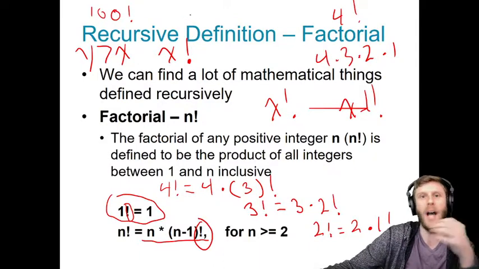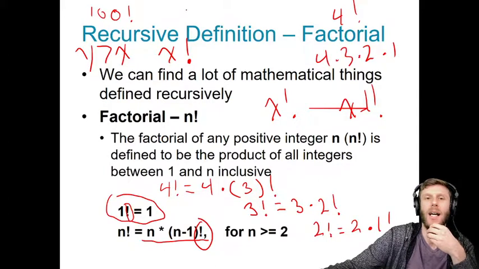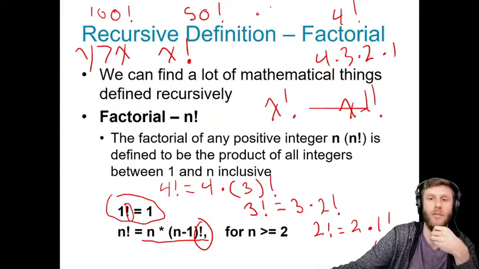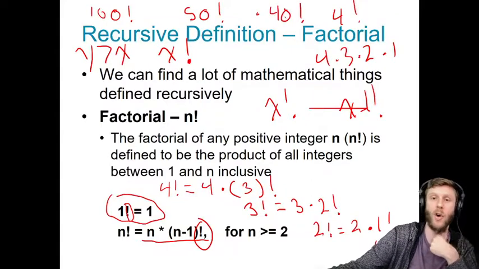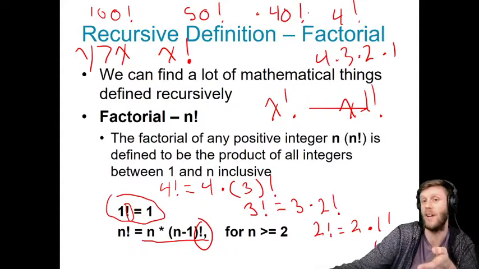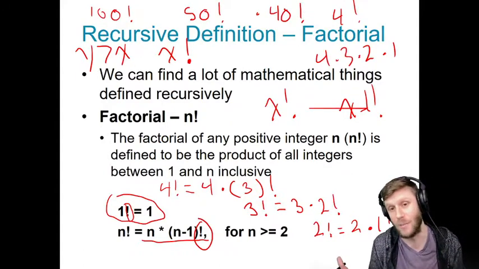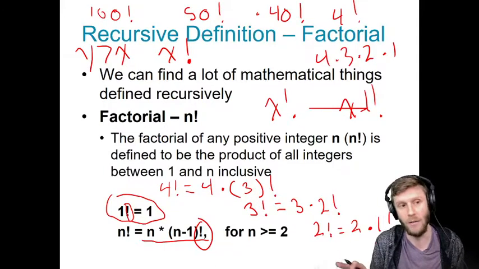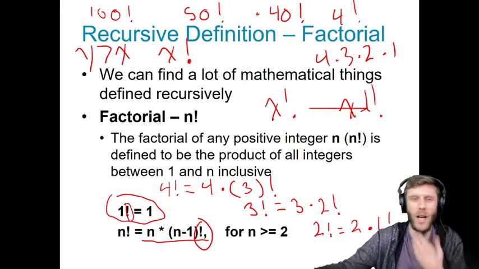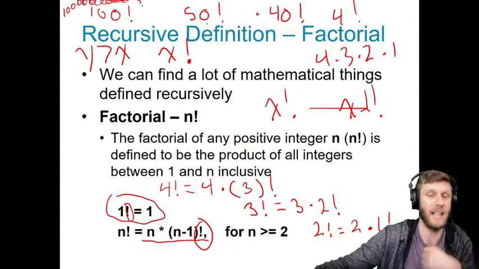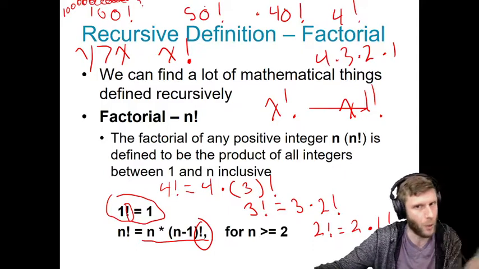No matter what, I need to know the answer to 50 factorial. Which also needs to know the answer to 40 factorial, right? Because in order to know 40 factorial, I need to know 30 factorial. But in order to know 40 factorial, I need to know 30 factorial times 31 times 32 times, you know? And I could have been asking like a billion factorial. I still need to know 50 factorial at one point in time.